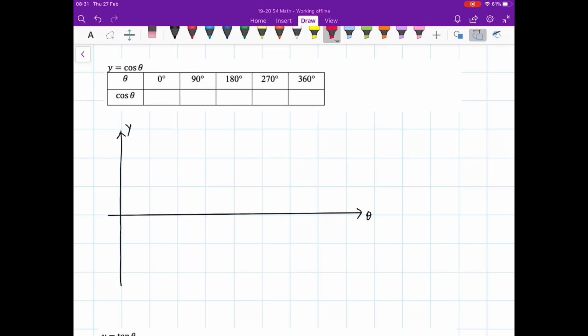Again, please pause the video and help me to calculate the cosine theta with different angles. Okay, so let's check the answer. Then again, we are going to sketch and plot the graph.